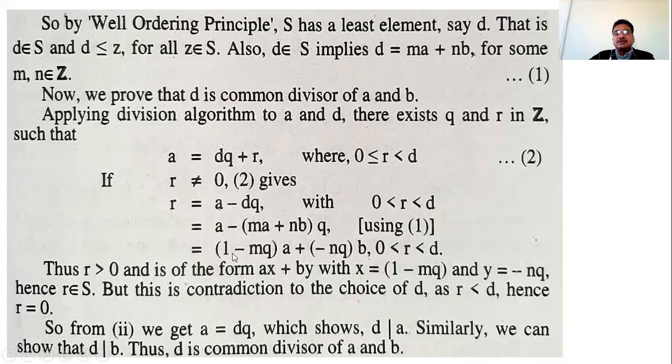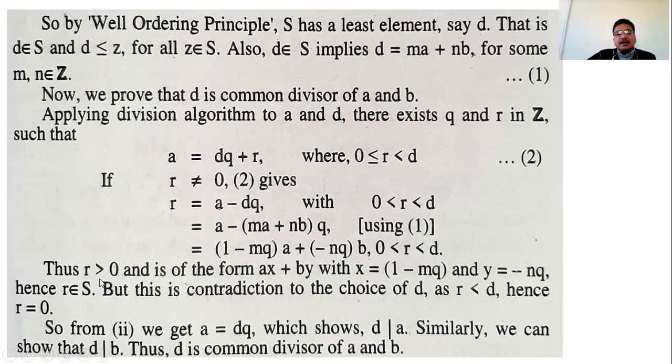Substitute that, and then take A as common from these two terms and B here. Then we have R equal to (1 minus mq) into A plus (minus nq) into B, where R is strictly less than D. R is greater than 0, because we assumed that R is not equal to 0, therefore R is strictly greater than 0.